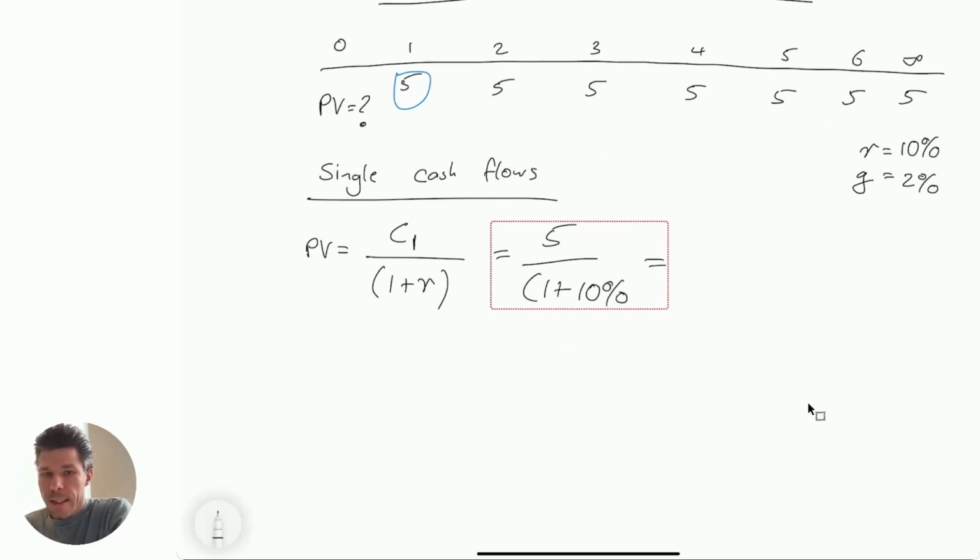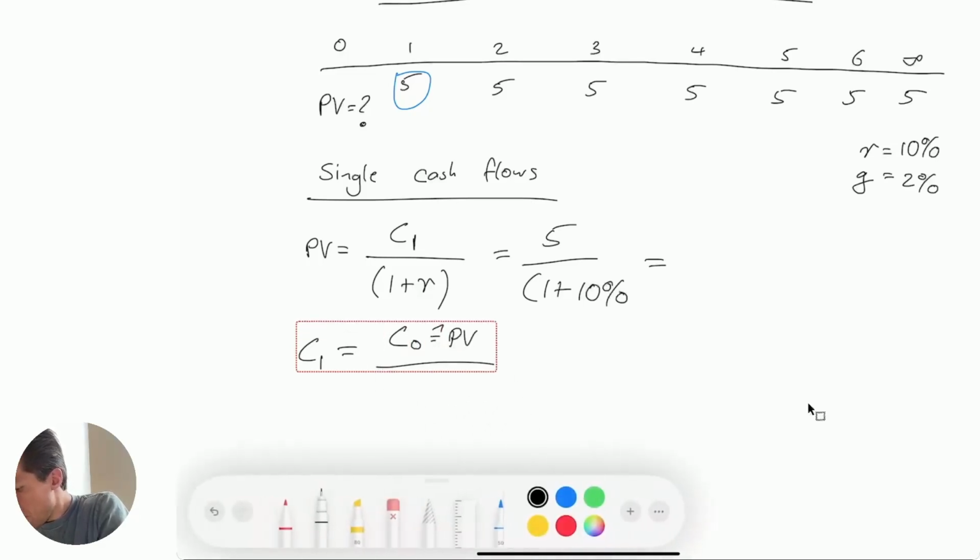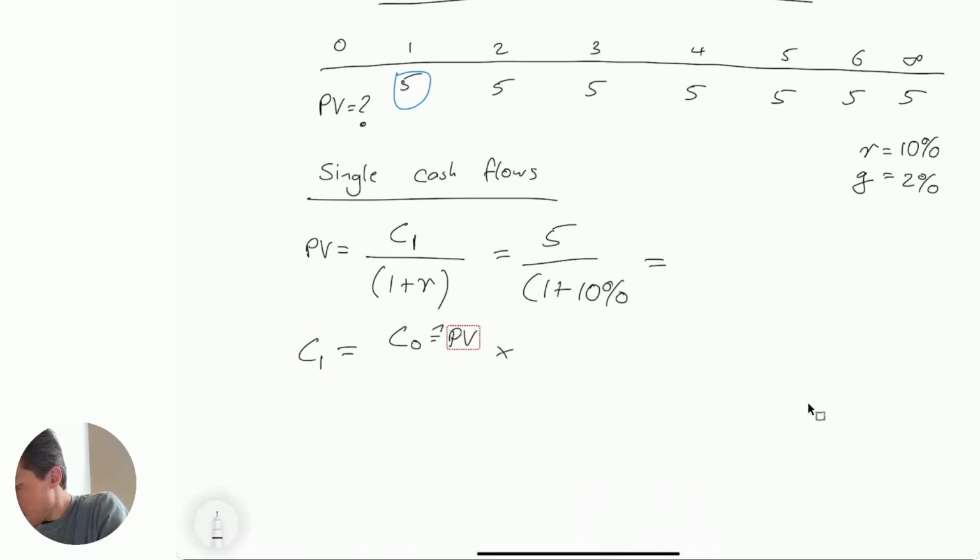We can also do the exercise in the other way. We can say Cn equals C0, or in this case present value, times 1 plus R, and then we see that's our future value.